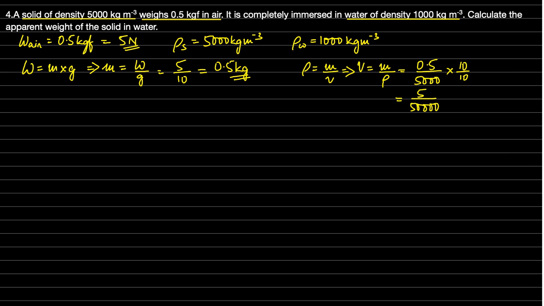This is nothing but 1 divided by 10,000, which is 1 divided by 10 to the power of plus 4. 10,000 can be written as 10 to the power of plus 4, so it goes to the numerator and becomes 10 to the power of minus 4.